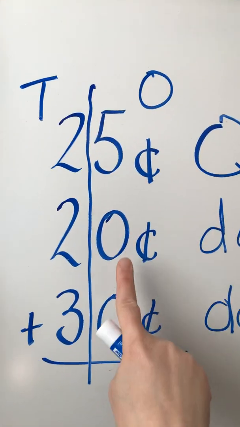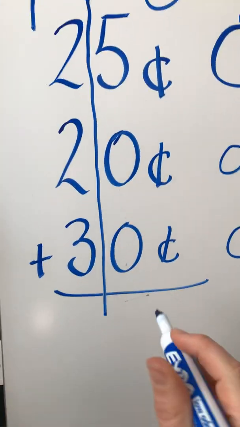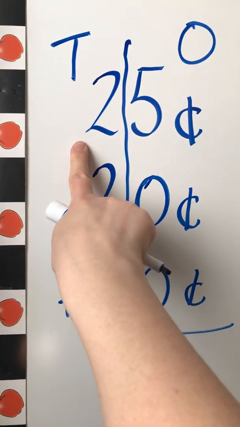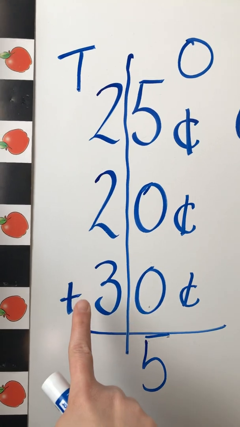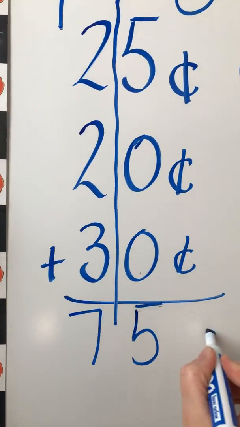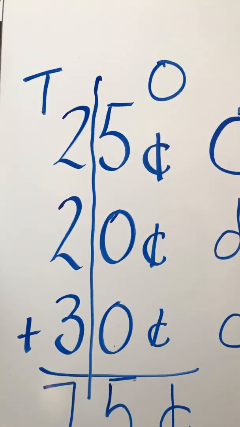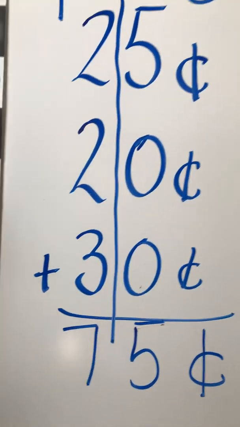5 plus 0 is 5. 2 plus 2 is 4, plus 3 is 7. And I put cents because we're dealing with cents. So I took my quarter, 2 dimes, and 3 dimes, and I added them up as a math problem.